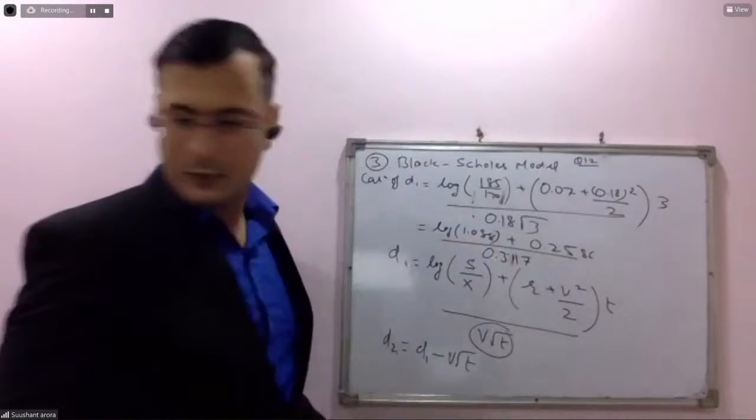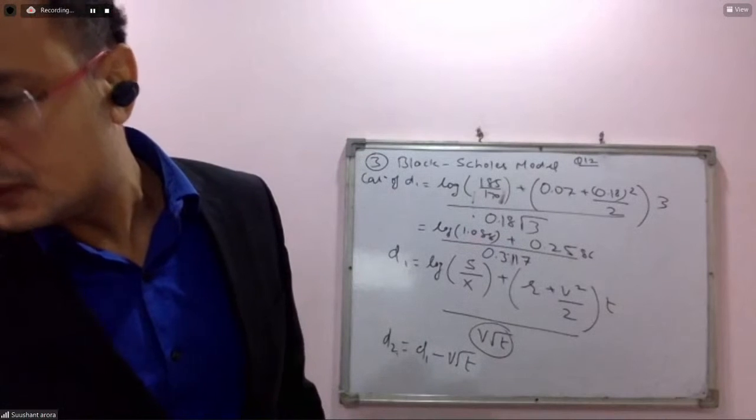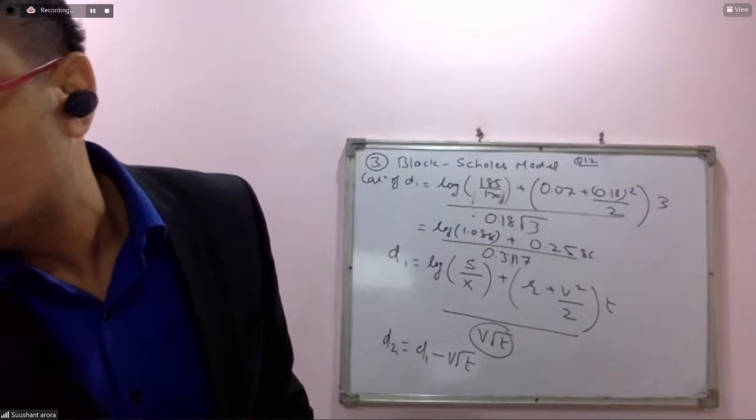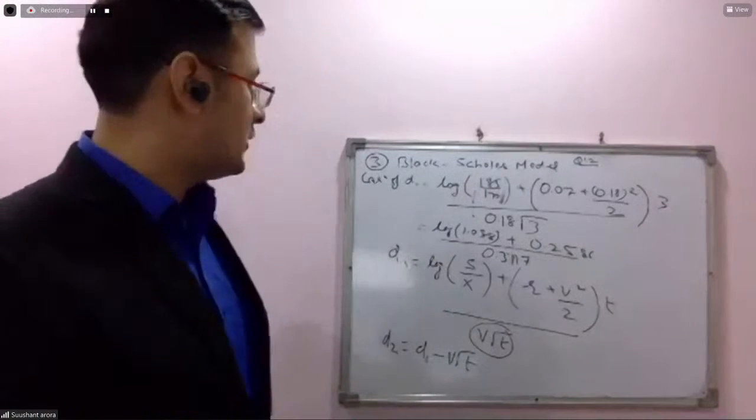Okay, log of 1.088. Sorry, mobile. So my log is coming out to be 0.084, and in the exam you will get the log table.